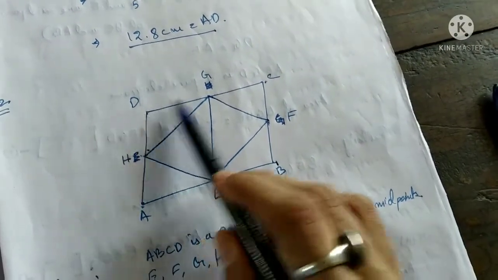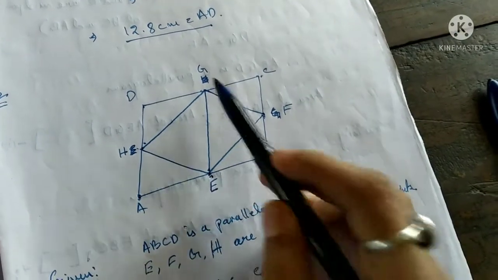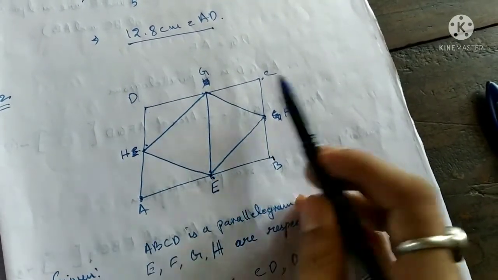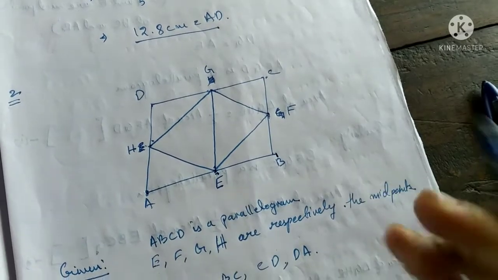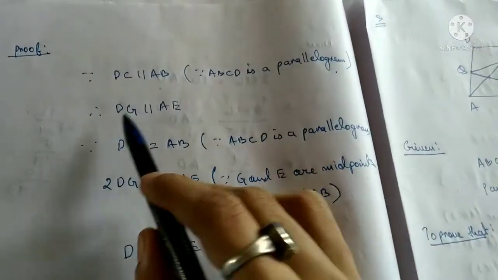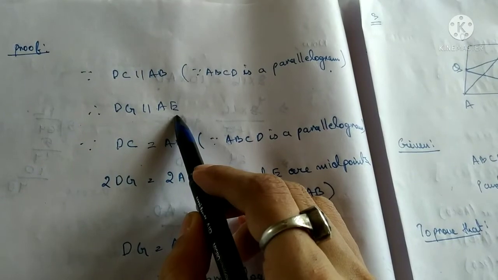So I can say that DG is parallel to AE because G and E are the midpoints of DC and AB. Understand? Therefore I can say that DG is parallel to AE.